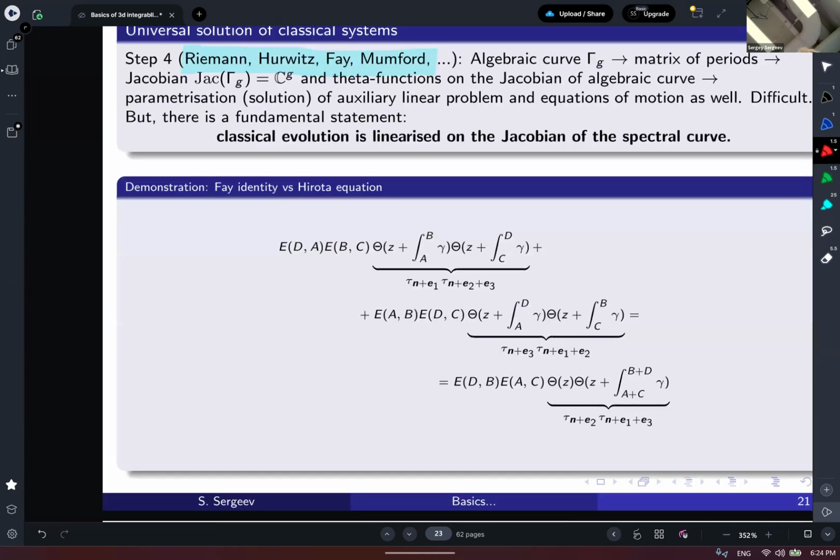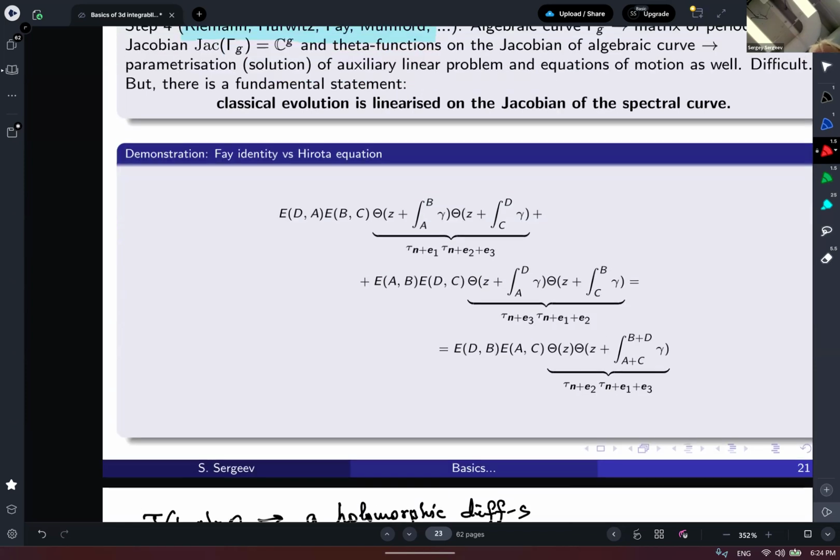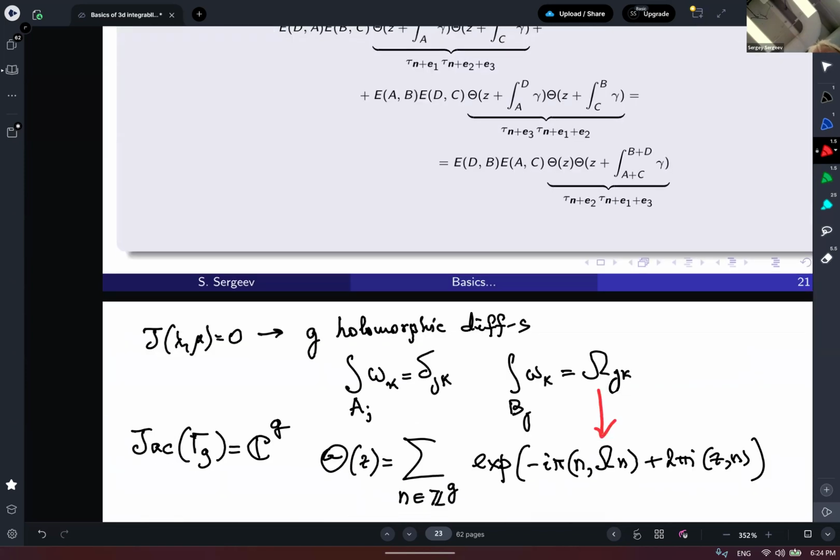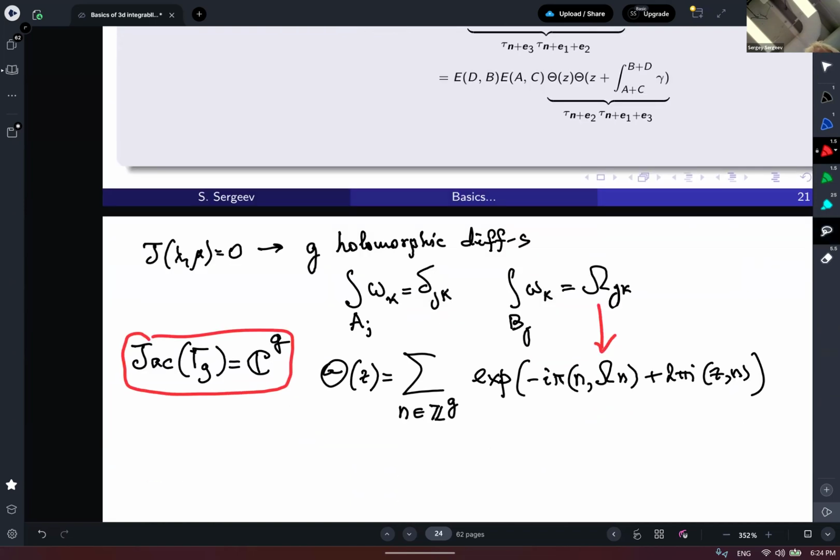There is a universal statement that the classical evolution operator, the classical evolution, is always linearized on the Jacobian of the spectral curve. So the Jacobian is this guy, and z belongs to the Jacobian. It's just a g-dimensional complex vector.